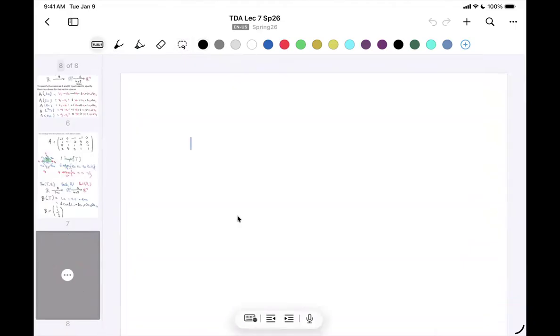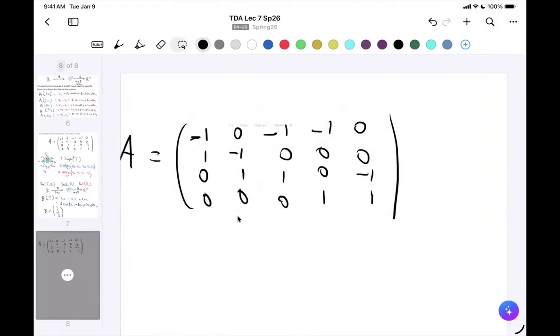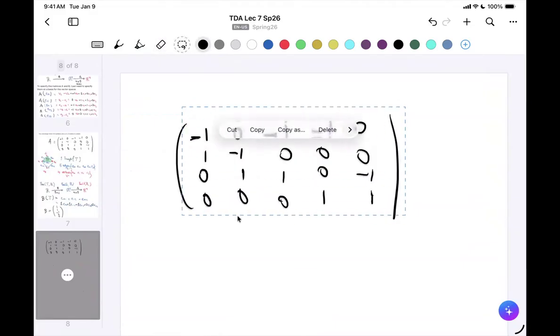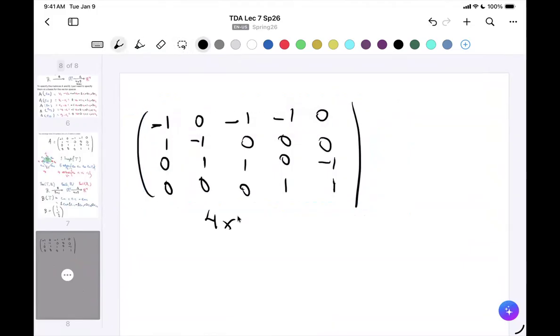So if you have A, again, I still haven't given a good geometric reason for why that would happen, but if you do A times B, that should work, because A is 4 by 5, and B is 5 by 1, so this is fine. And B was 1, 1, -1, 0, 0.